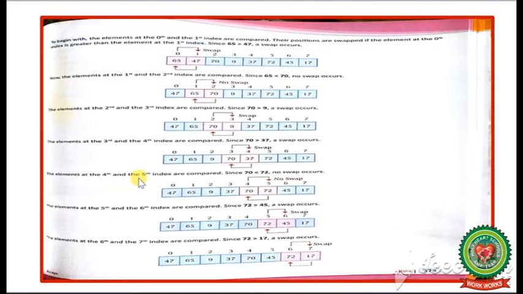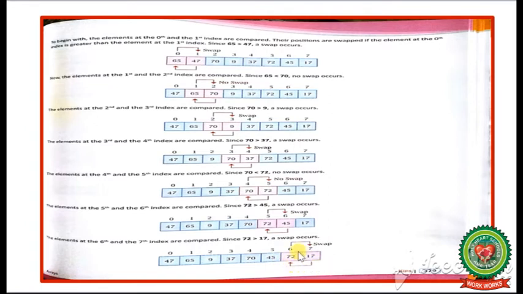Elements at the fourth and fifth index are compared. Since 70 is less than 72, no swap occurs. Then the elements at the fifth and sixth index are compared. Since 72 is greater than 45, a swap will occur. Then the elements at the sixth and seventh position are compared.